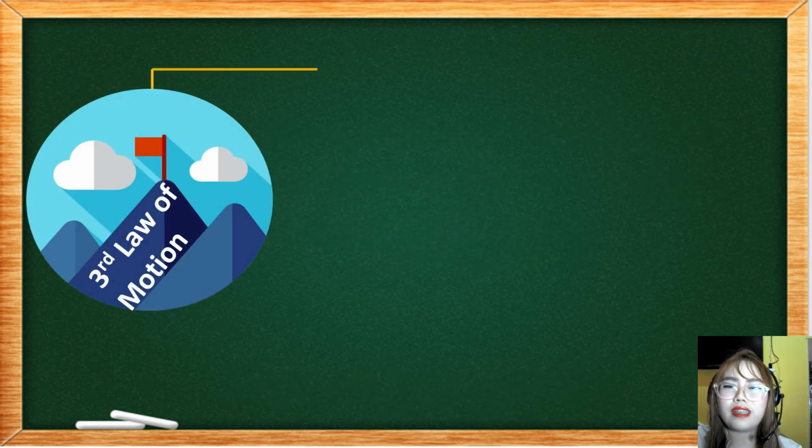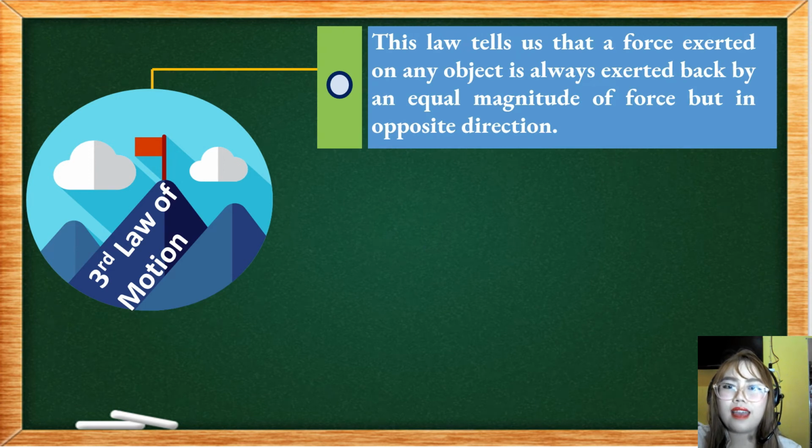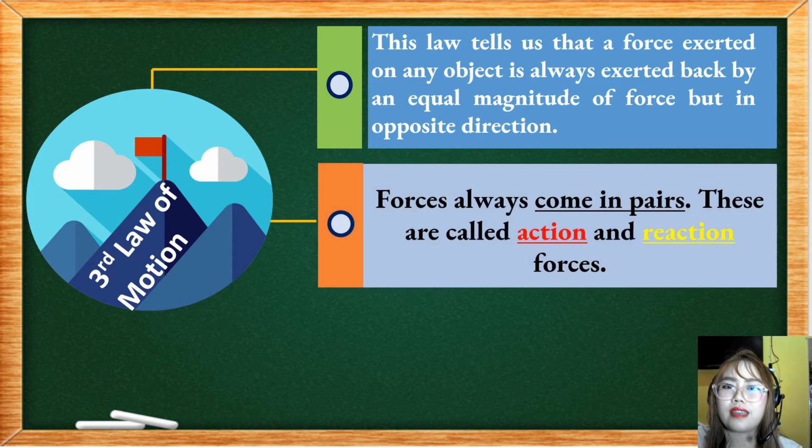This law tells us that a force exerted on any object is always exerted back by an equal magnitude of force, but in opposite direction. Always remember that in this law, forces always come in pairs.